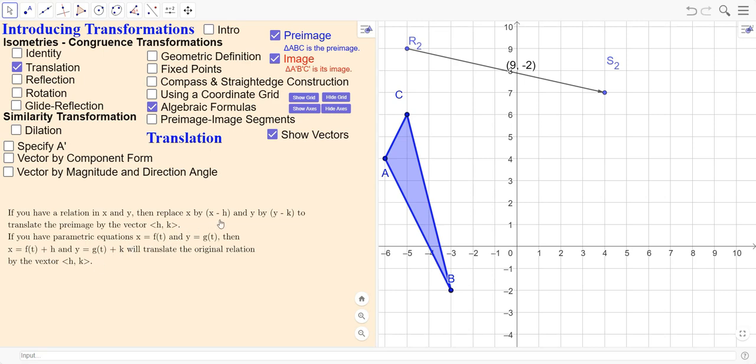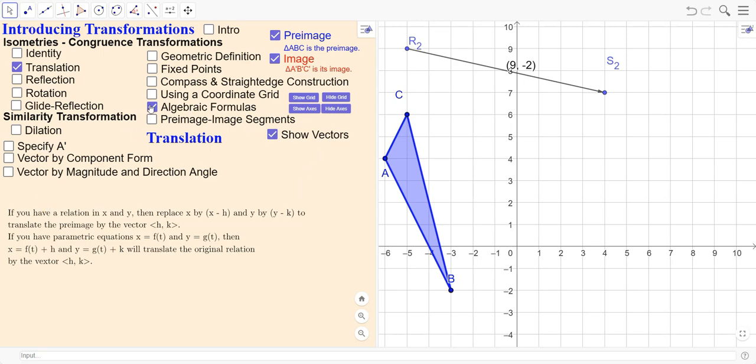But up here in regular x and y relations, it's a little bit more complicated because you have to do the opposite. If you want to go by the vector hk, you have to replace x by x minus h and y by y minus k.